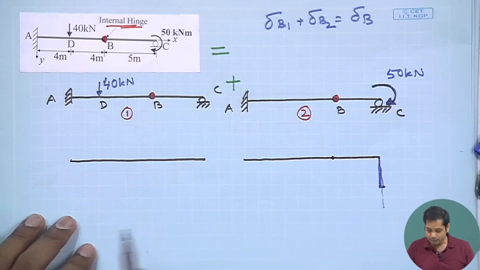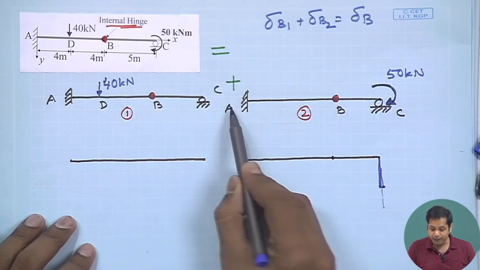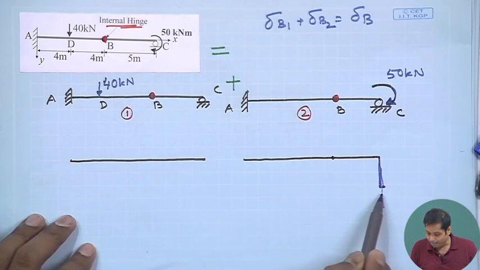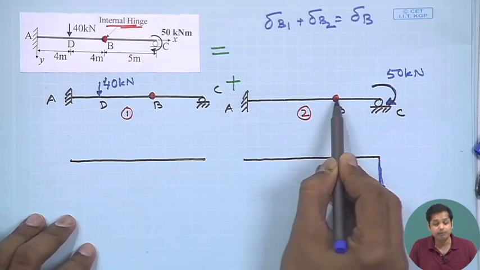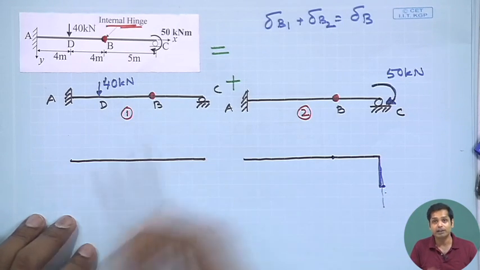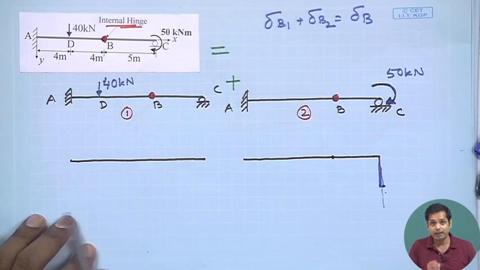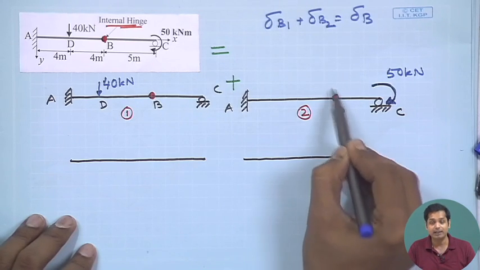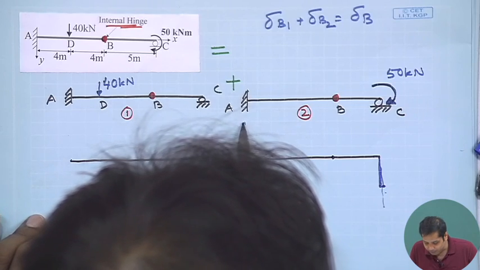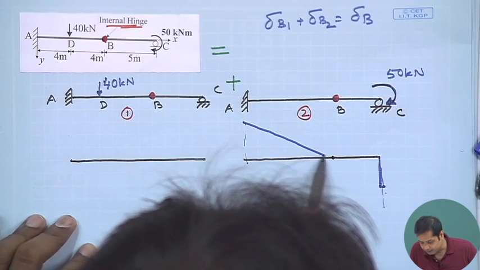Now, between A and B there is no other load, and there is no externally applied moment also. So the slope of the moment will be continuous, as there is no additional external load here. So what would be the bending moment diagram? The bending moment diagram will be something like this.